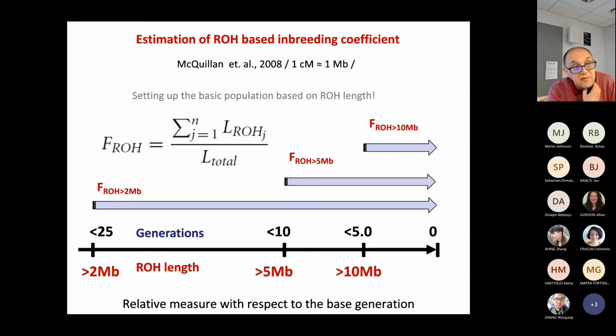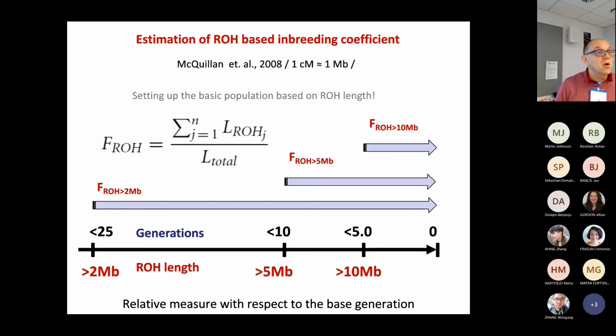And this is also equivalent if we compare it to the pedigree method. The inbreeding coefficient is a quantitative but relative measure of inbreeding. It tells us how much inbreeding accumulated since the founder population. And the founder population in a pedigree is usually limited by the last founders in the pedigree.